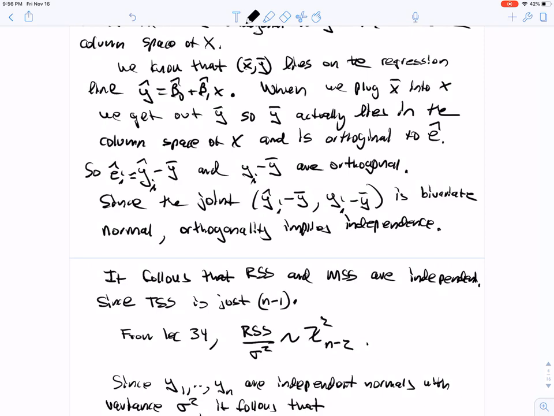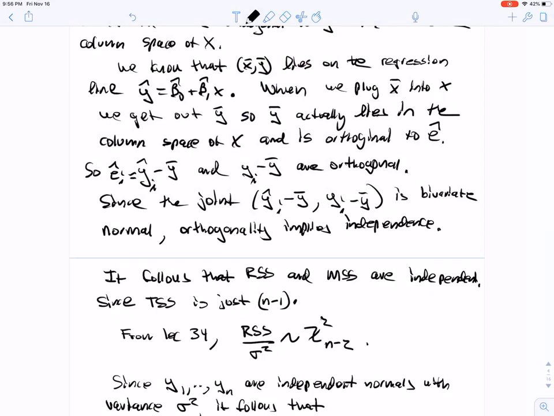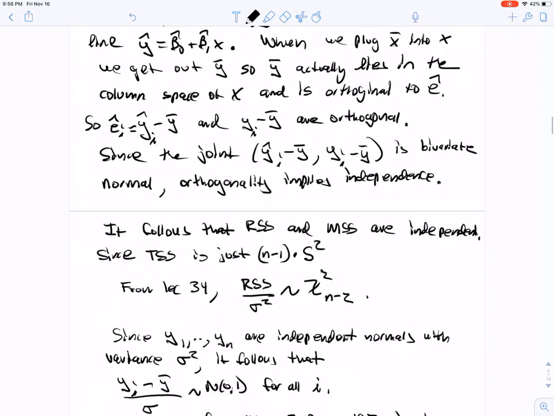Since the TSS is just n minus 1 times s squared, from lecture 34 we know that RSS over sigma squared is a chi squared with n minus 2 degrees of freedom.